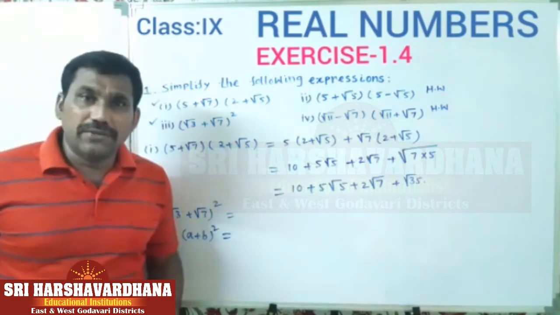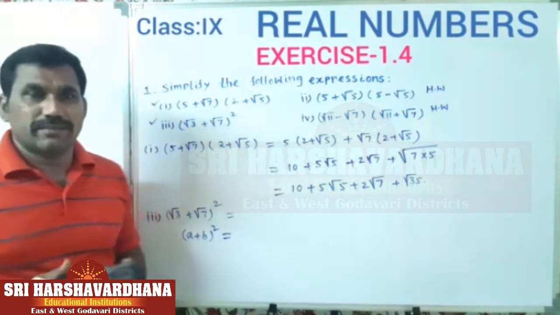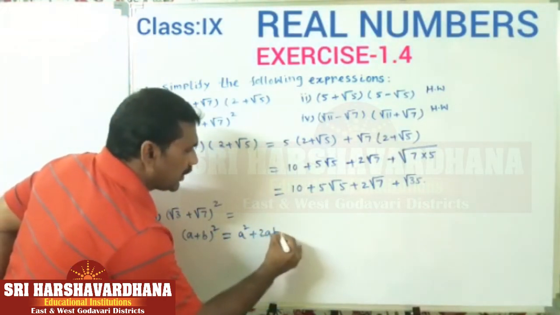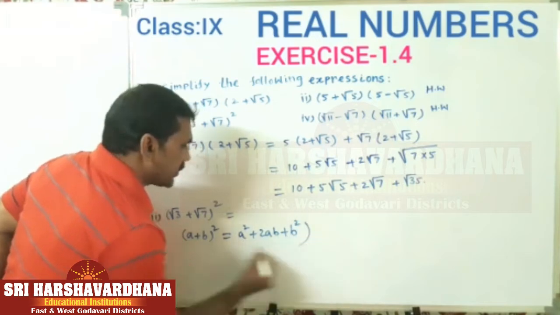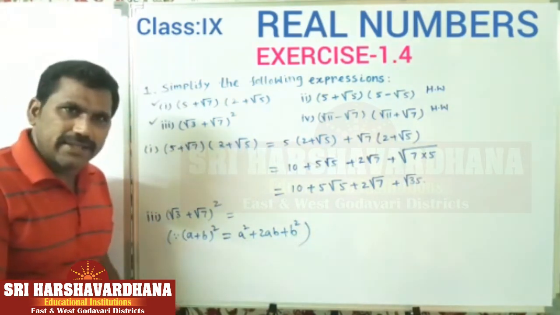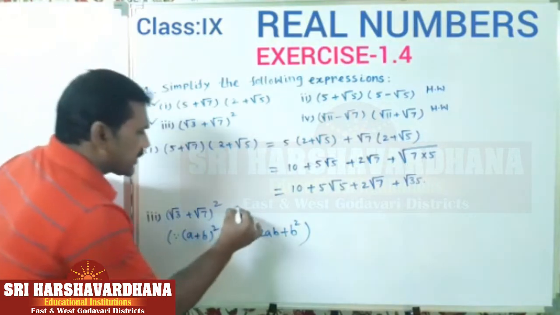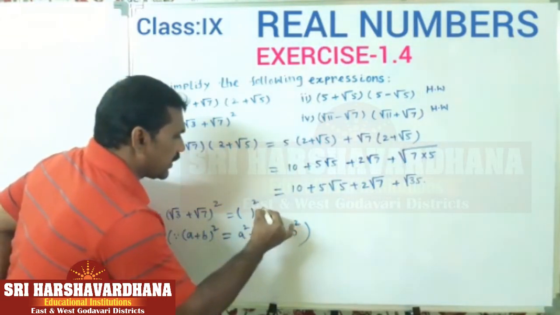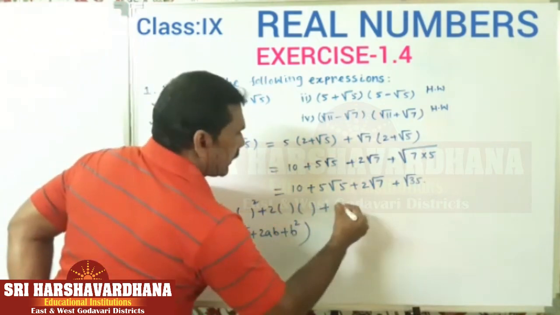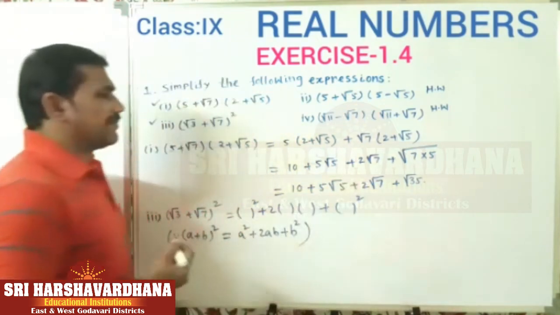What is the formula for finding (a plus b) whole square? A square plus 2ab plus b square. So by using this identity we can expand this as first term square plus 2 into first term into second term plus second term square.